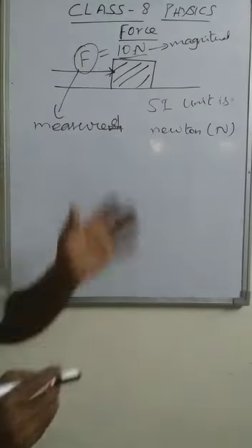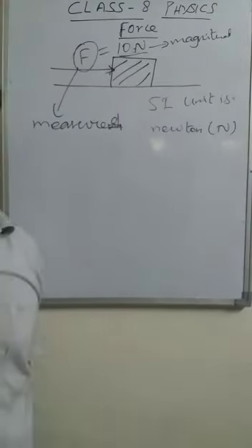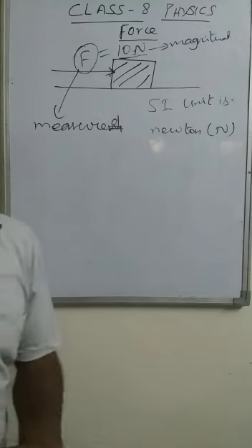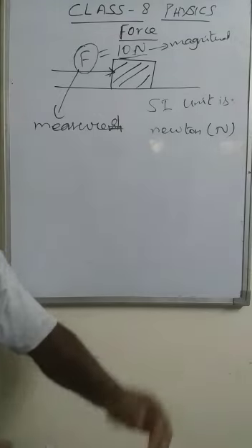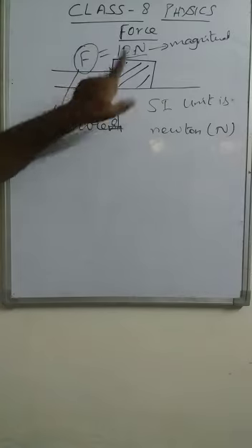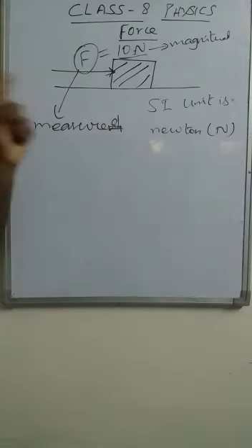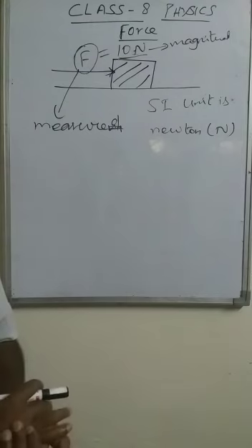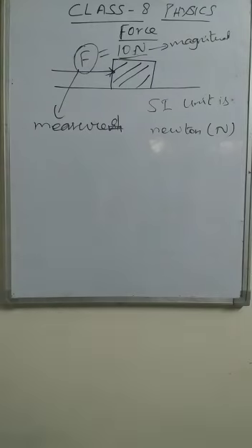Here we are measuring the force with the SI unit Newton. And in changing the state of an object, one more thing. Here I am applying only one force. A single force is applied on this object. If we apply more than one force, then what will happen?